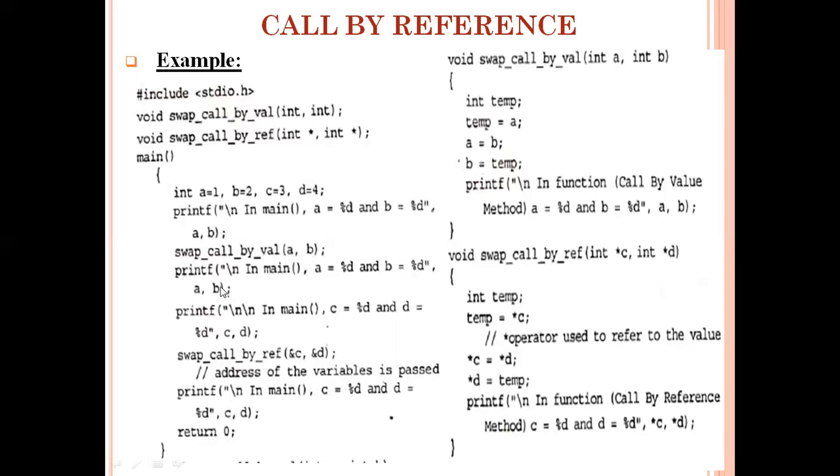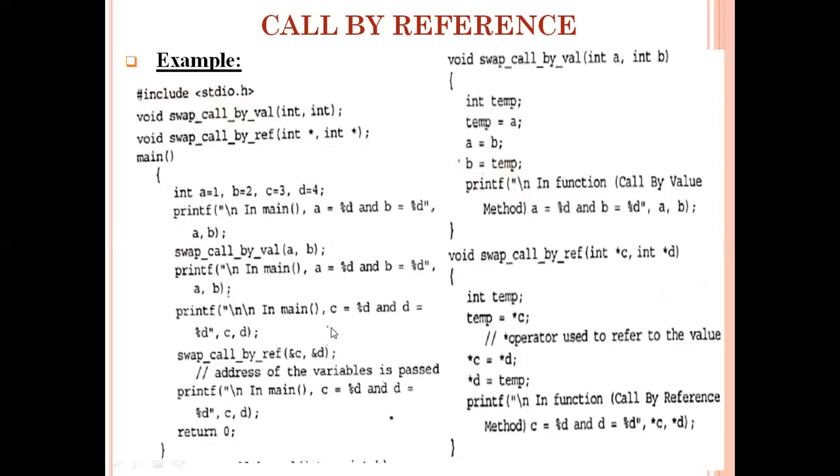When we execute this particular statement, the corresponding function definition will be invoked. After executing, in the main function a is equal to the value, b is equal to the value. This is after calling the function swap call by value.